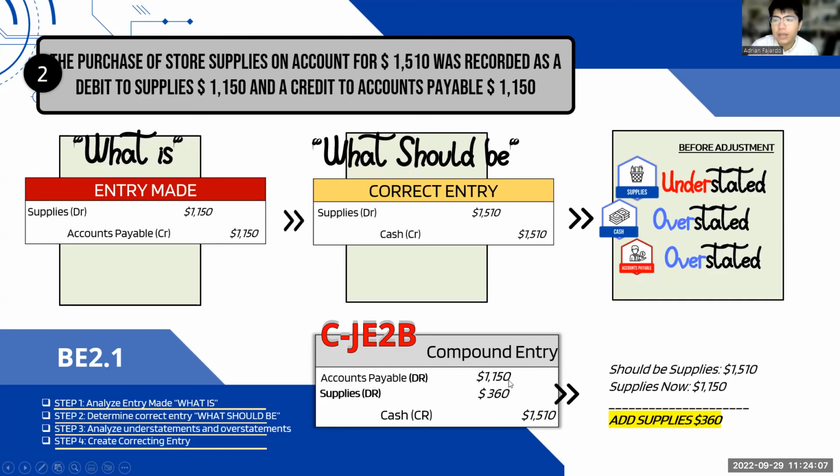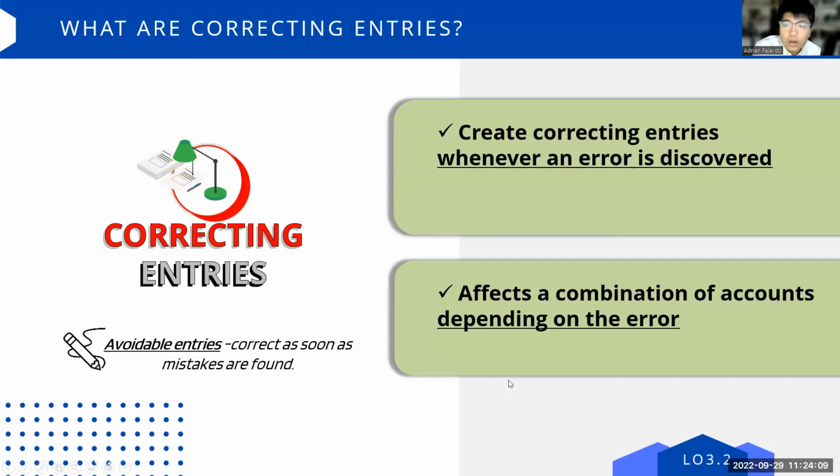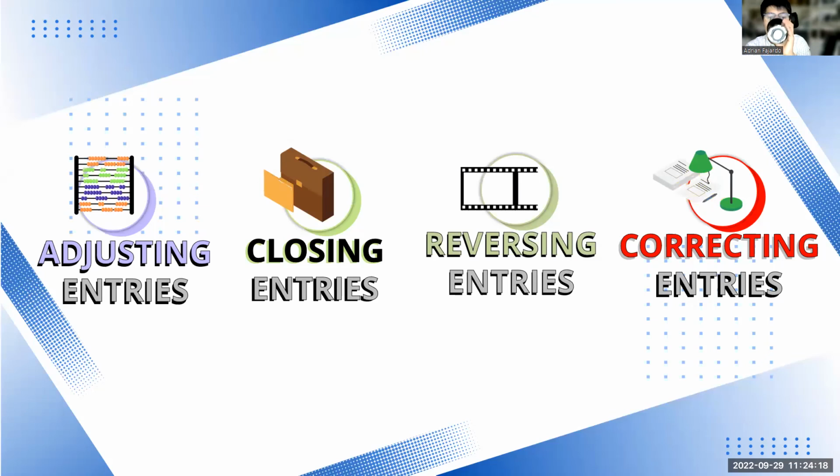So 360 yung debit. So actually that ends our correcting entries. Again, these are just avoidable entries and you only create them as soon as an error is discovered. So these are our 4 different journal entries: our adjusting, our closing, our reversing, and correcting.